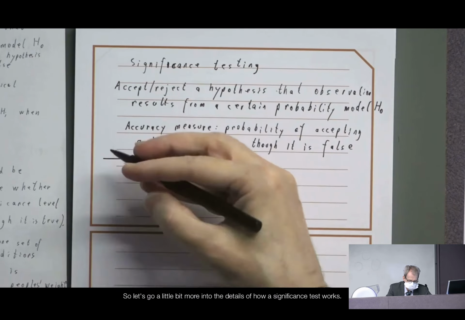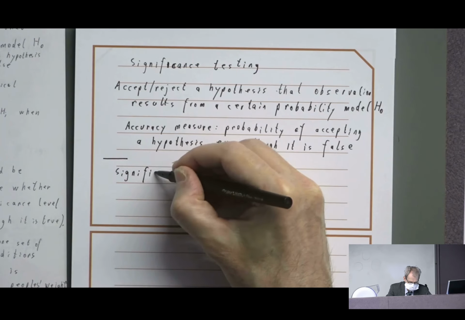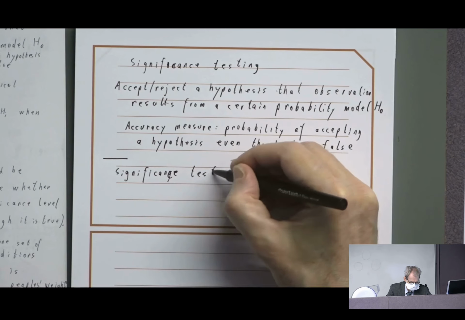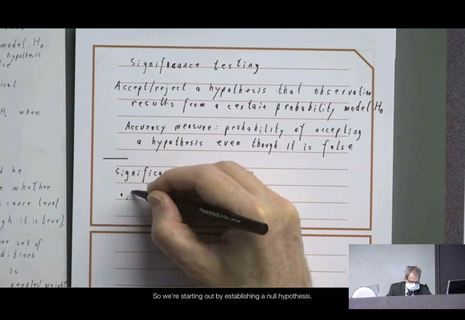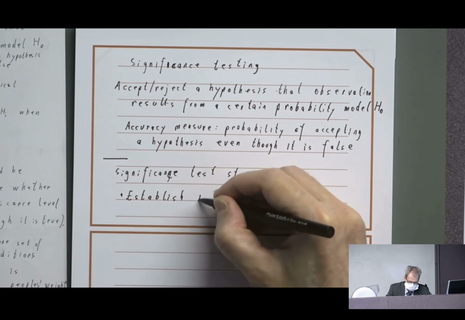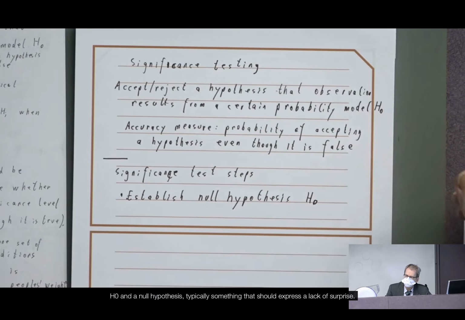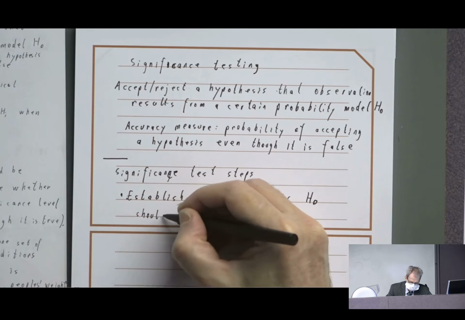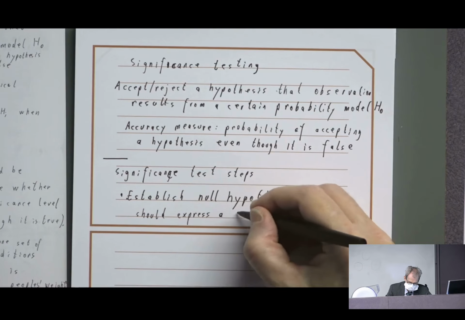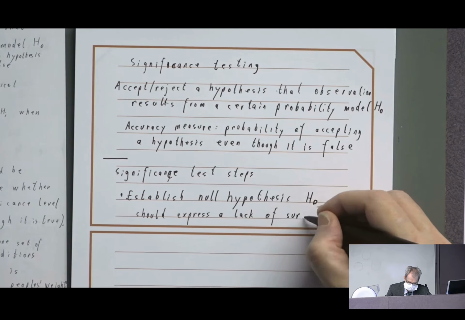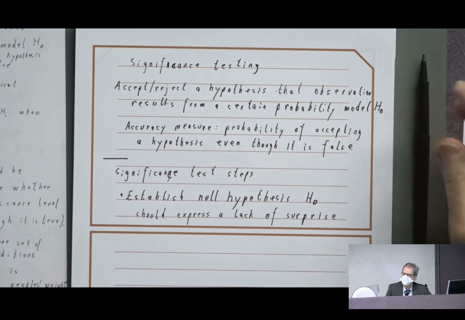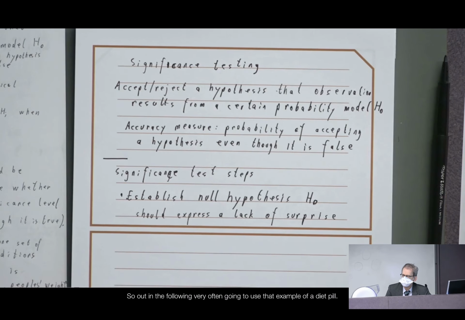So let's go a little bit more into the details of how a significance test works. We're starting out by establishing a null hypothesis, H0. A null hypothesis typically is something that should express a lack of surprise. In the following, I'm very often going to use the example of a diet pill: we give the diet pill to volunteers, and we check whether they are losing weight or not.